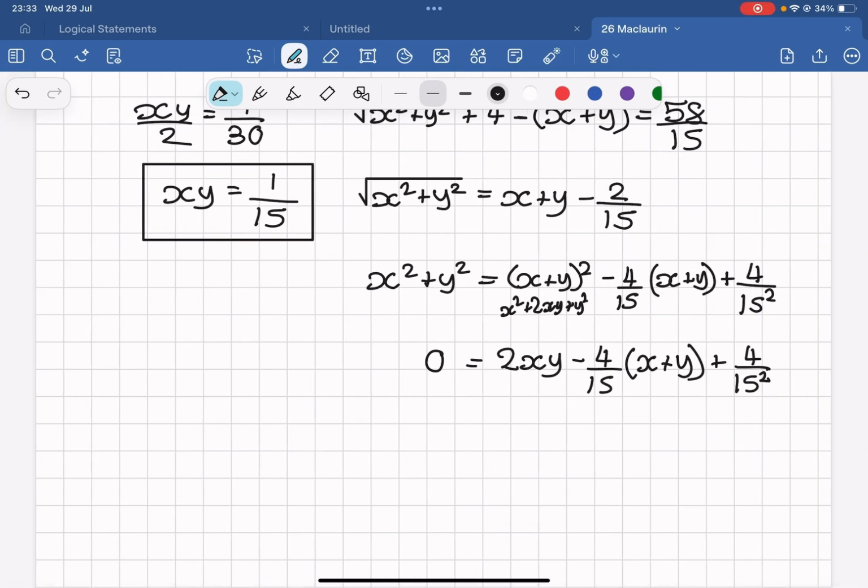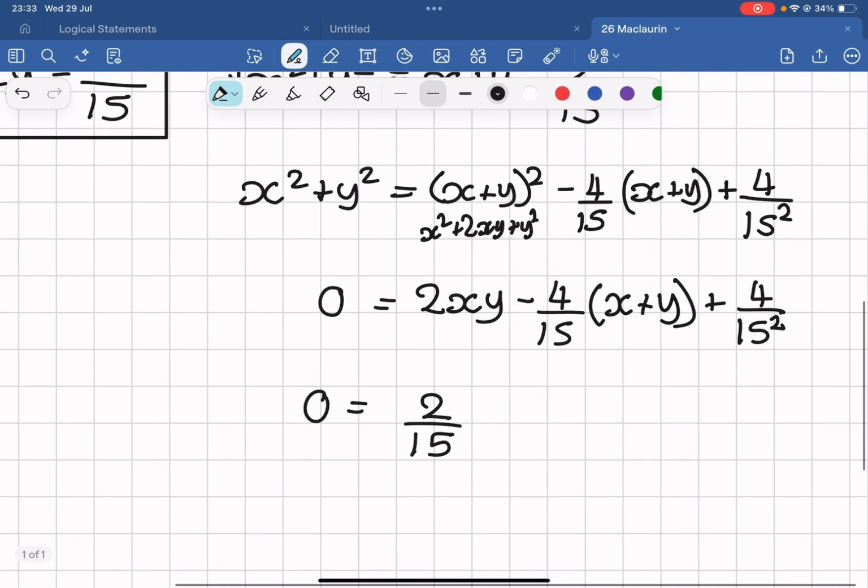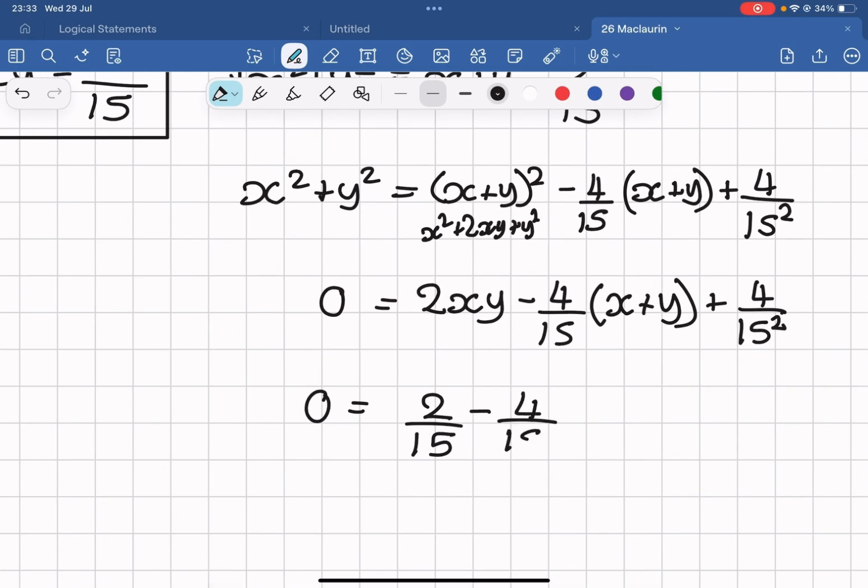Now we've got xy from before, so let's just chuck that right in. So we have 0 equals 2 times xy, which is 2 over 15, minus 4 over 15 times x plus y, plus 4 over 15 squared.